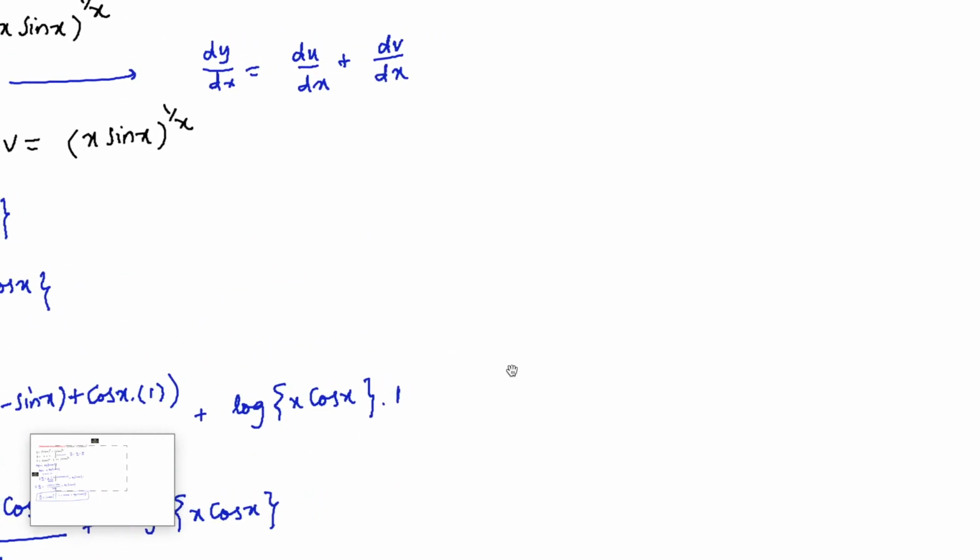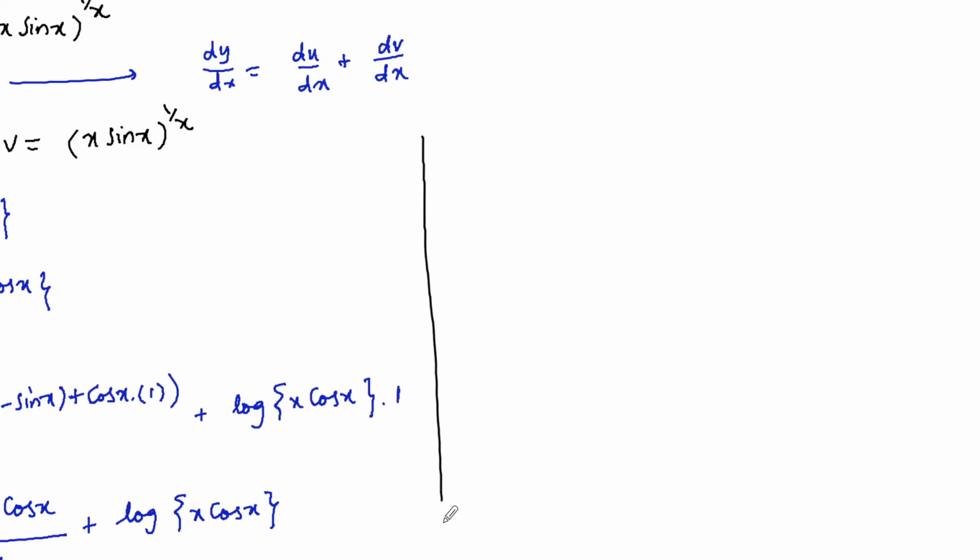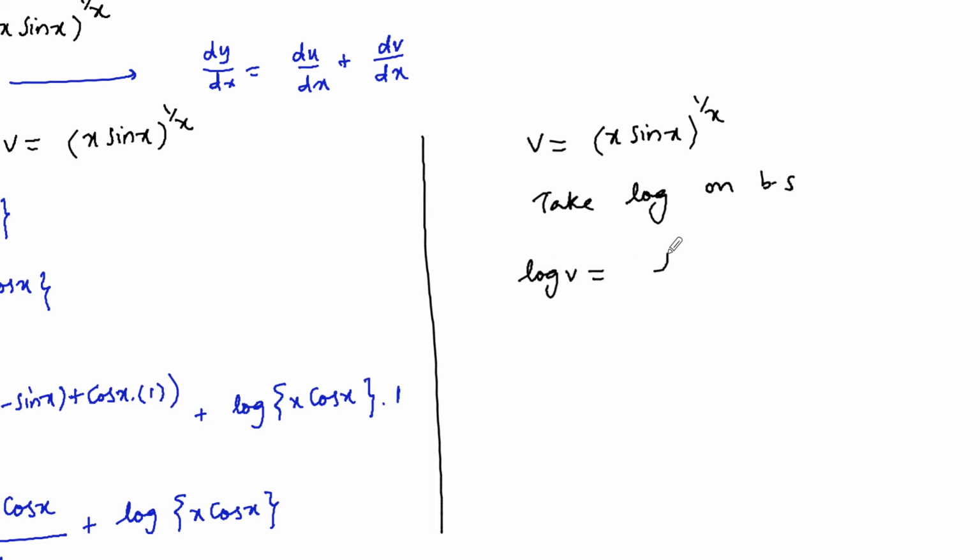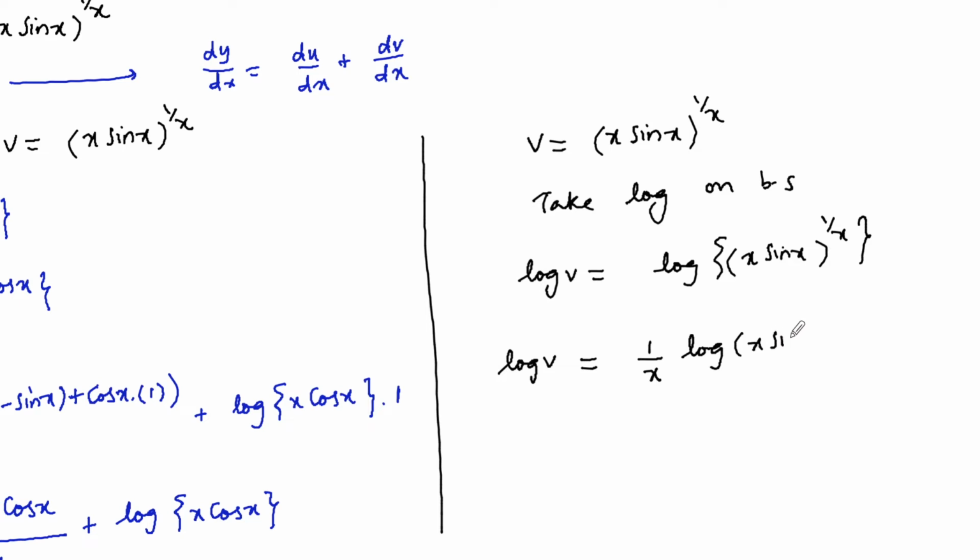So let's take v is equal to (x sin x) whole to the power of 1 upon x. Again take logarithm on both the sides. So we have log v is equal to log of (x sin x) to the power of 1 upon x, or by using the properties of logarithms, you can bring out 1 upon x: 1 upon x log of x sin x.